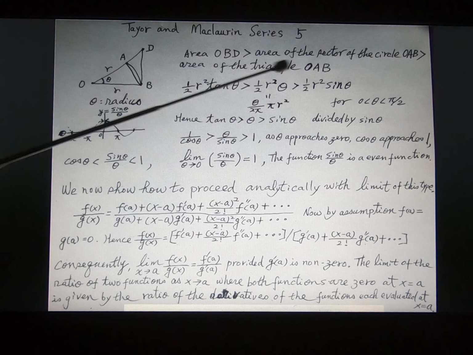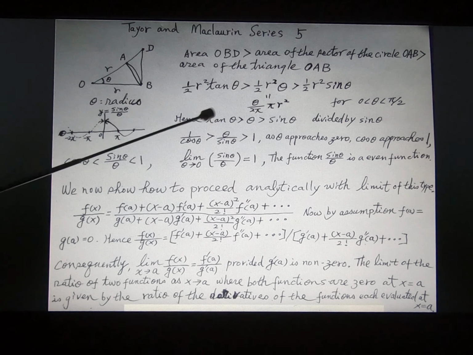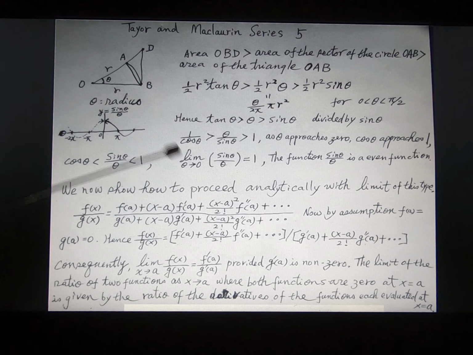These are the examples. So you can actually take the areas. This is greater than this and greater than this, and eventually you will see the limit of sin theta divided by theta equal to 1.